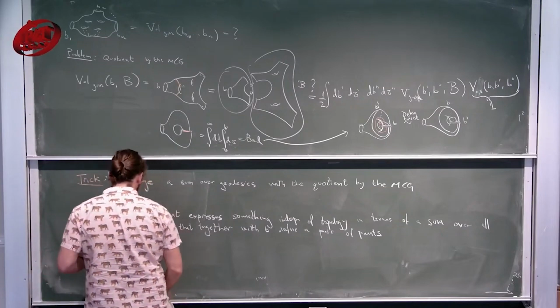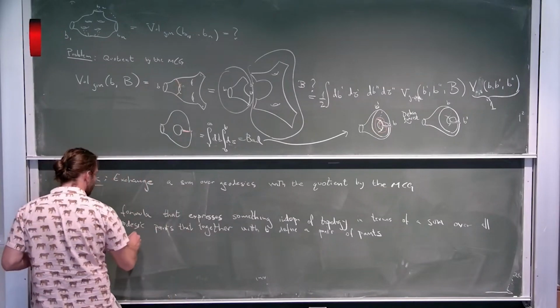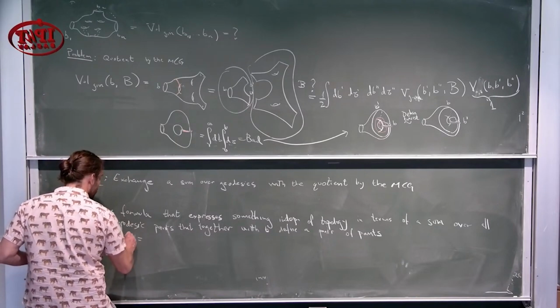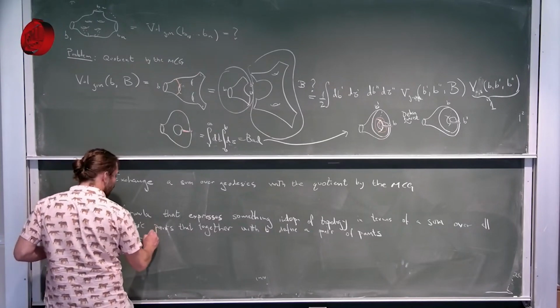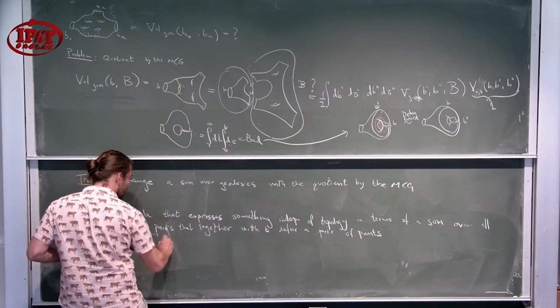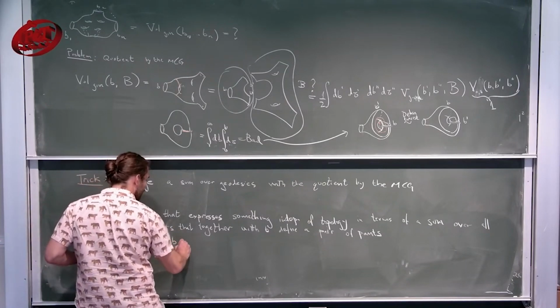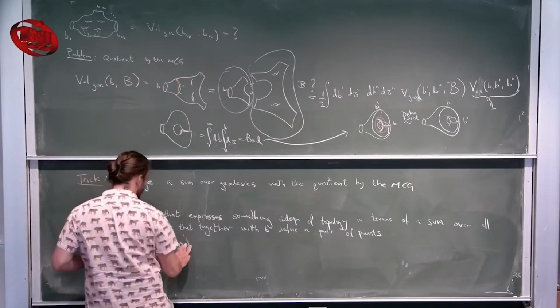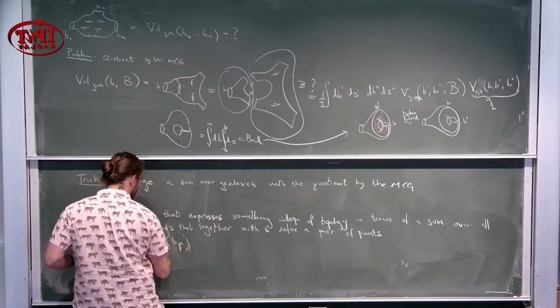Okay, so the idea is to write a formula that roughly looks like some constant equals a sum over geodesics F(B, gamma), and in our case, pairs of geodesics gamma and gamma prime.